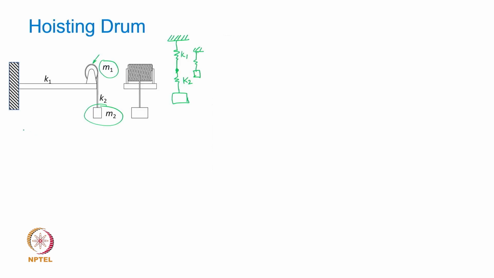Then your model now turns out to be a 2 mass or a 2 degree of freedom system like this. So this is the mass of the drum, and this is the mass of the load being lifted, this is the stiffness of the beam, and this is the stiffness of the rope. And now you can get a more accurate estimate.